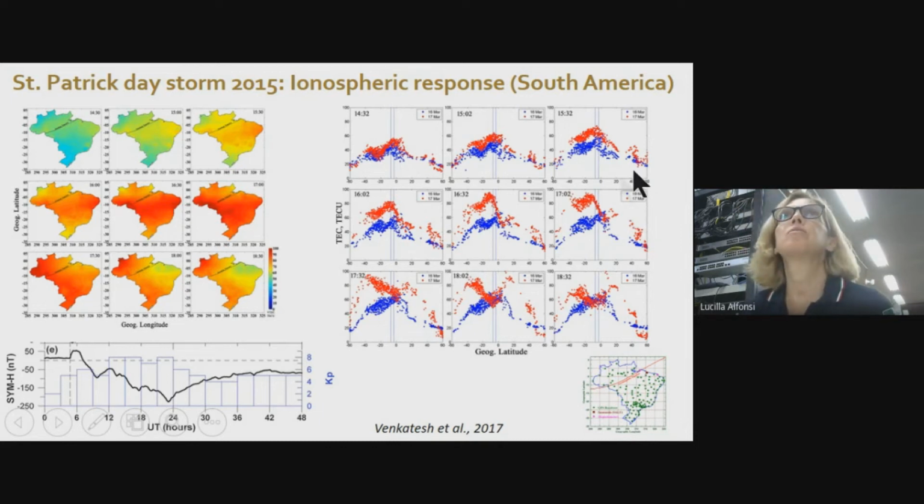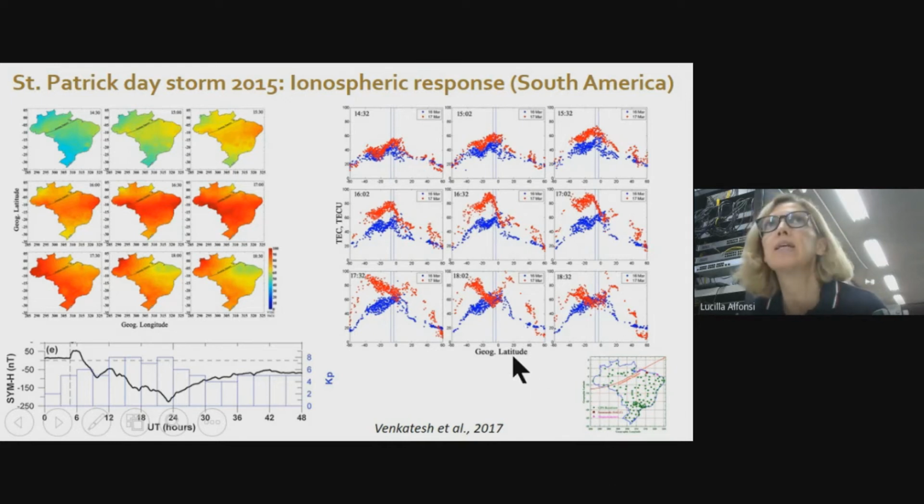And so to compare the day before the beginning of the storm and the storm onset. And as you can see from the red dots, you can appreciate a positive enhancement of TEC in the Brazilian sector.